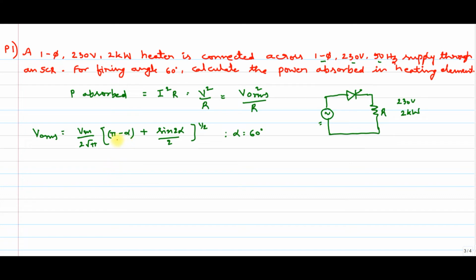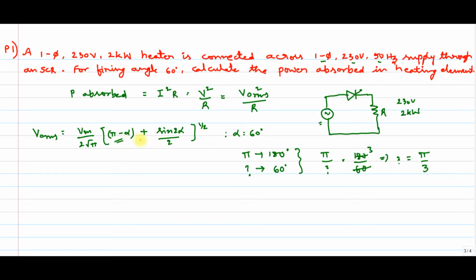Whenever you are using alpha with pi, you have to convert this alpha into pi form. As we know that pi means 180 degree, how much pi will be there for 60 degree? It's very simple. Pi divided by question mark is equal to 180 by 60. So it is 3, which implies the question mark is pi by 3.